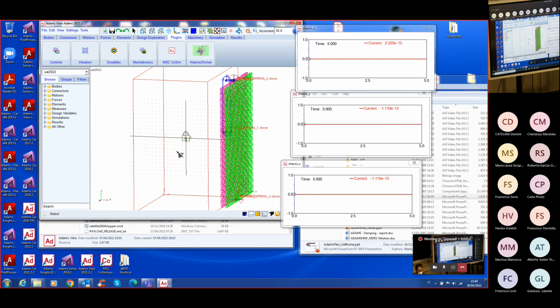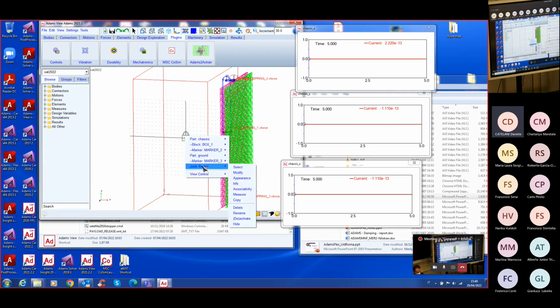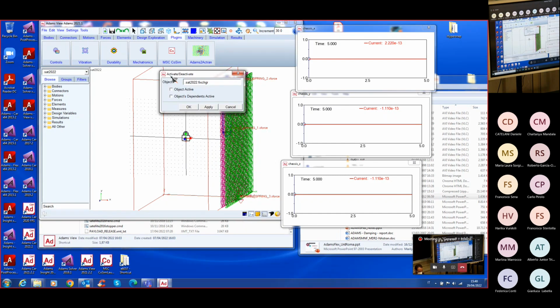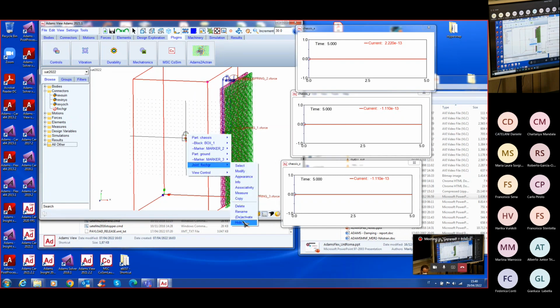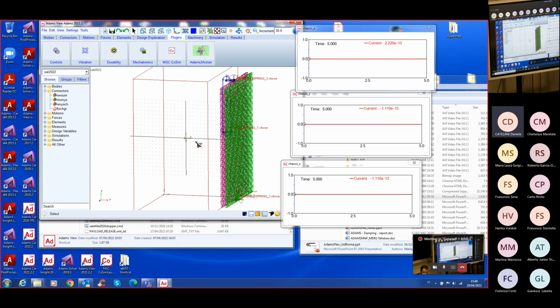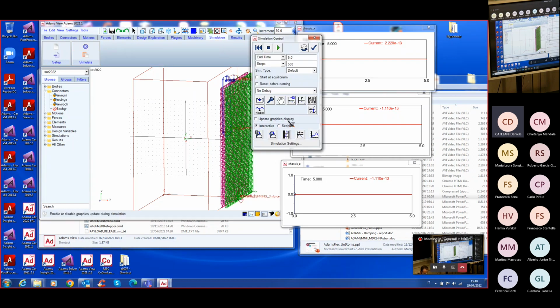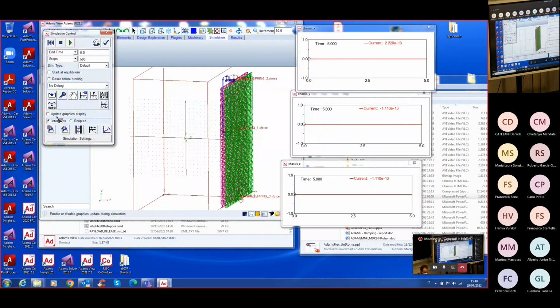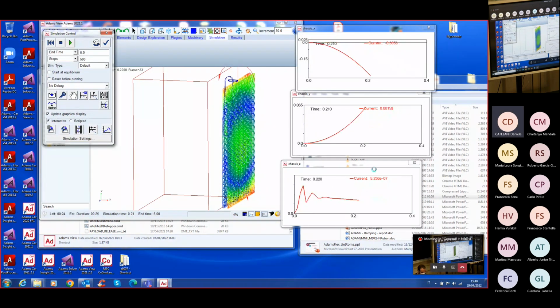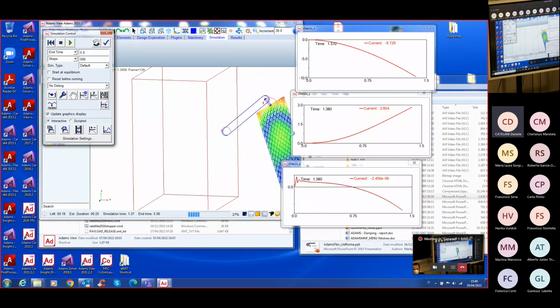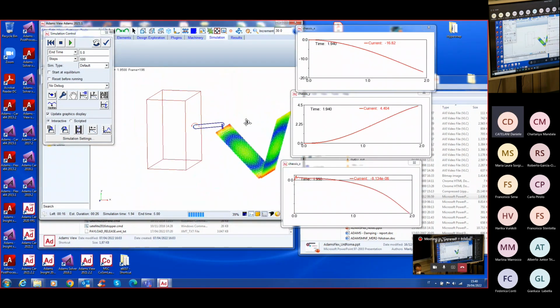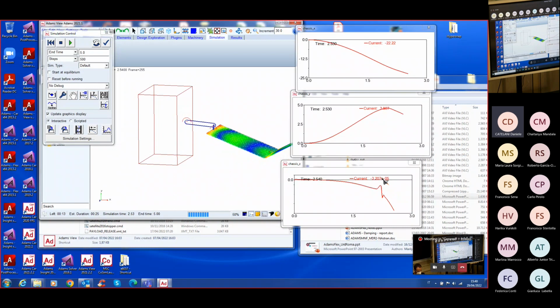But if we remove or deactivate the fixed joint, so the joint is in the model but is not active, and I rerun a simulation, I will see that the chassis oscillates due to the fact that the solar panels are deploying and there is also vibration in the system.